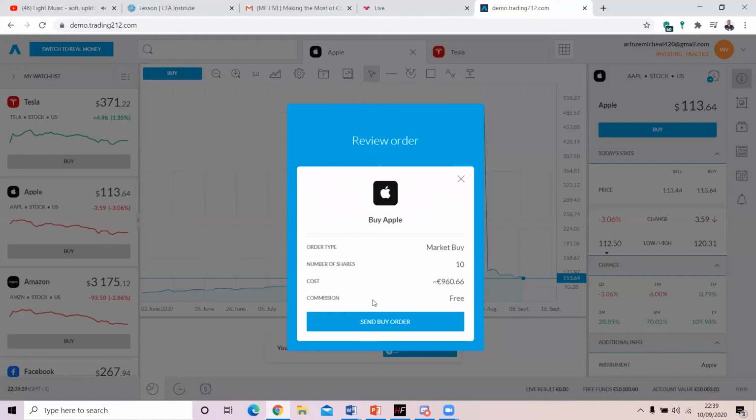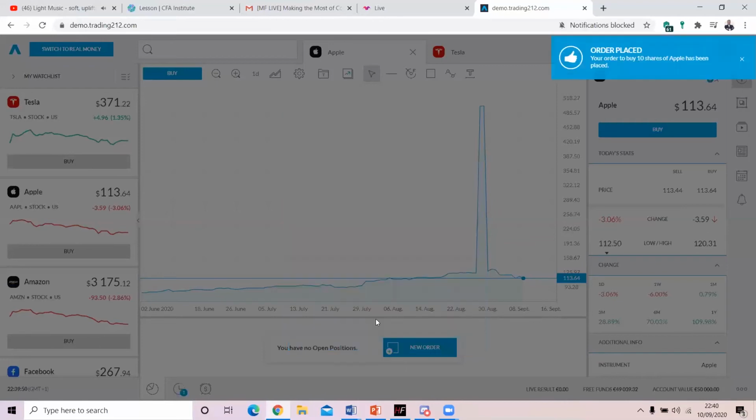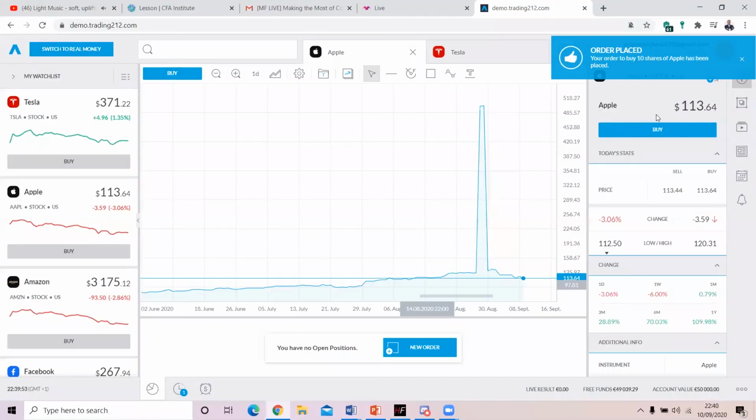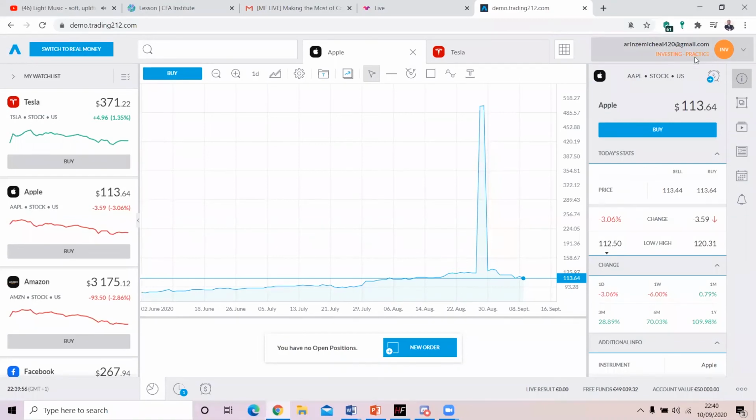There are some brokers that will charge you for each stock you want to buy. Luckily for Trading 212, it's free of charge, so you can buy as many stocks as you want and you're not going to be charged a penny for it. So I'll click on the buy order.